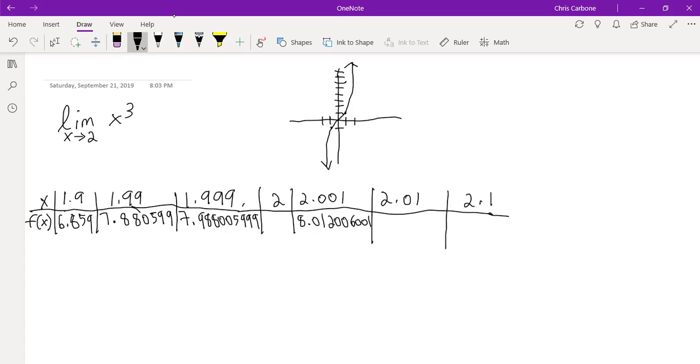If we put 2.01 in, we get 8.120601. And then if we put 2.1 in, we get 9.261.